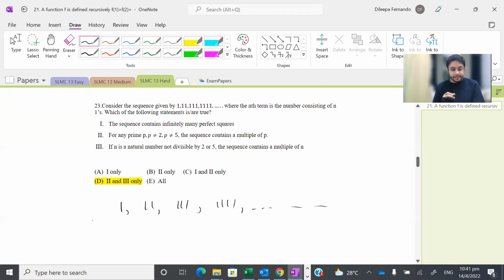The sequence contains infinitely many perfect squares. If you remember, in the first set of questions also, we have used some properties of perfect squares. Since we have this kind of sequence, it's best to start with the modulo properties of perfect squares. We can check whether the modulo properties of the perfect squares are present in this particular sequence.